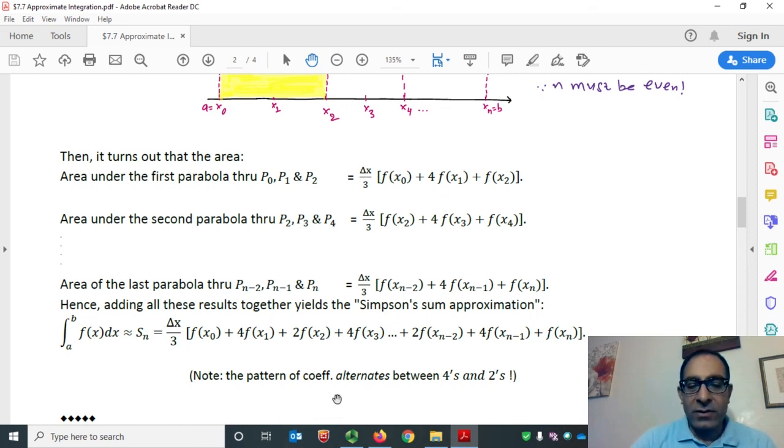So note the pattern of the coefficients alternates between 4 and 2. 4, 2, 4, 2, dot dot dot, 4, 2, and ends in 4, and then 1. The first term and the last term have coefficient 1. Okay?